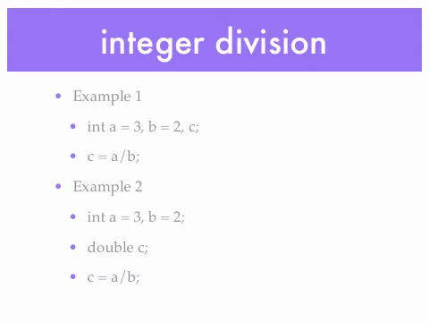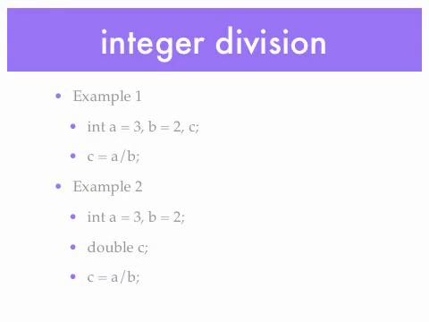If I then divided a by b and put that resulting value into c, I would find in c the value 1, not 1.5 as I would expect when I divide 3 by 2. And that's because when working with integers, when I divide an integer by an integer, the decimal value is truncated, not rounded, not returned, but simply truncated off.